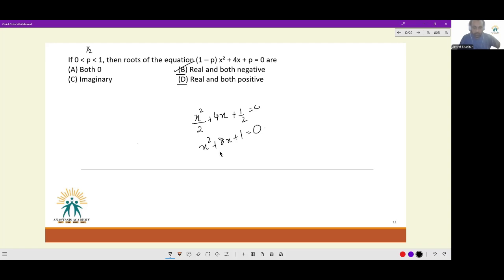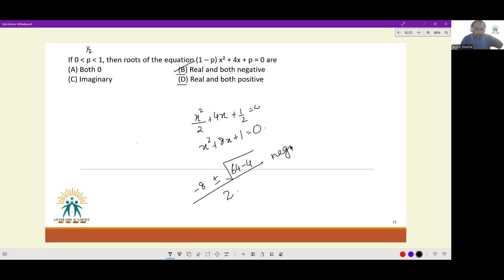Now, what will be the nature of roots here? Hopefully, you can see it will be minus 8 plus minus under root of 64 minus 4, by 2. Minus 8 and under root of something less than 8.